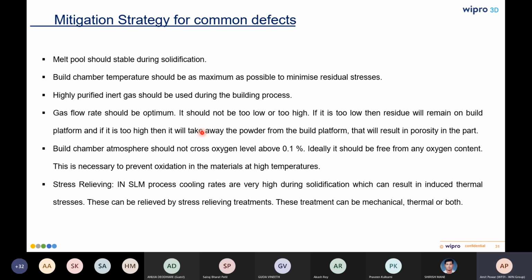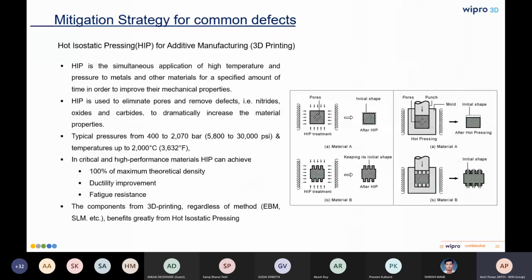Next is the stress relieving. Again, as I mentioned, in SLM the cooling rates are very high, and because of that a high buildup of residual stresses will be there, and that has to be relieved through a proper stress relieving treatment. Another process is hot isostatic pressing, which is a simultaneous application of high temperature and pressure for a specified amount of time.